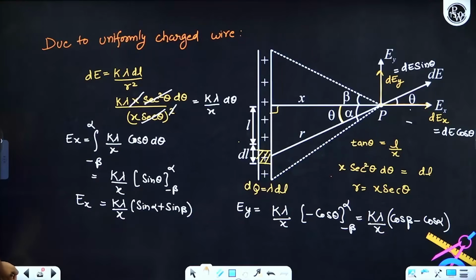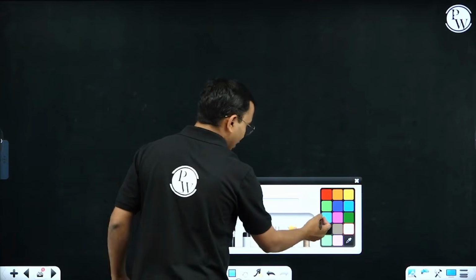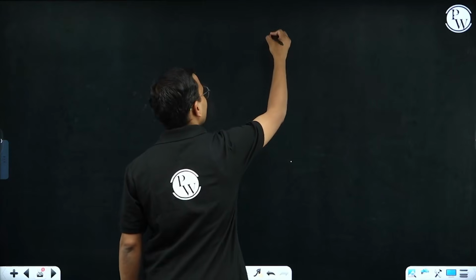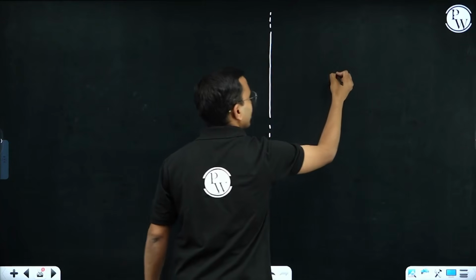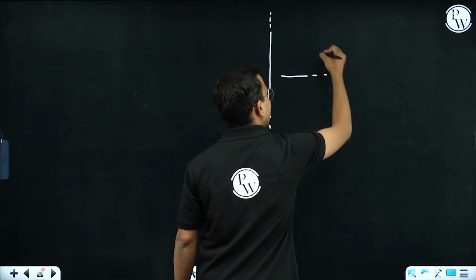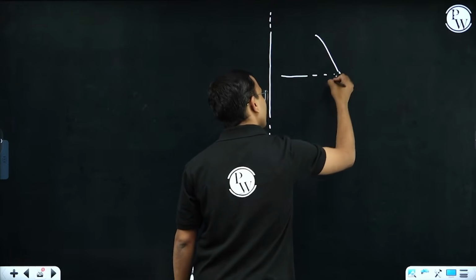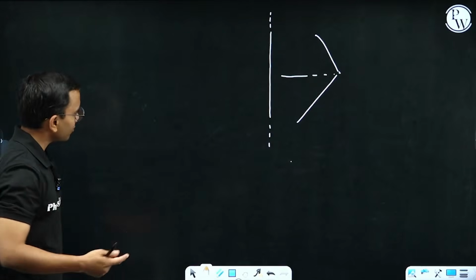Based on this expression, if I write the field due to an infinite wire, both the angles will tend to 90, so sin alpha and sin beta both will tend to 90.